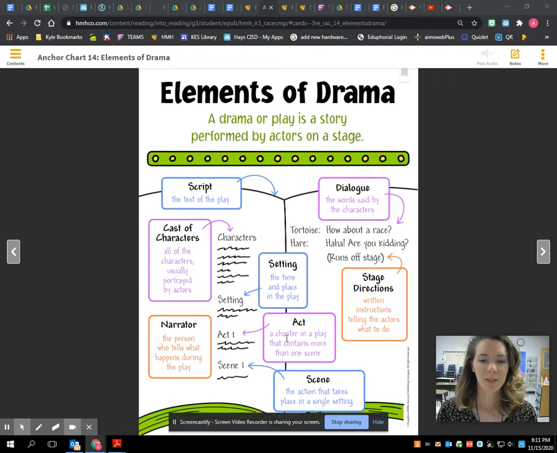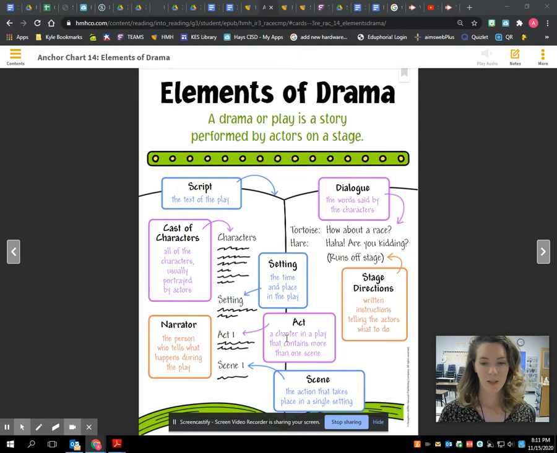As we're reading, you'll notice acts. Acts are very similar to chapters in a chapter book. So maybe a certain event will happen in one act, and then when that event is over, we'll start our next act. So think of it like chapters in a chapter book. We're going to read Act 1, those events settle, and then we're going to read Act 2.